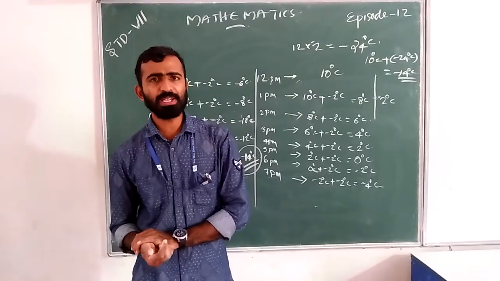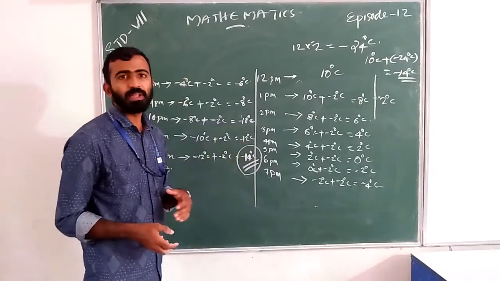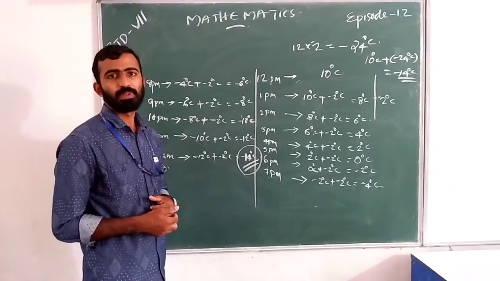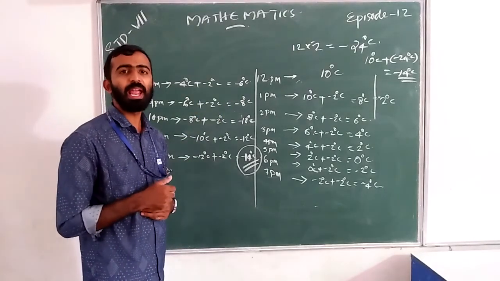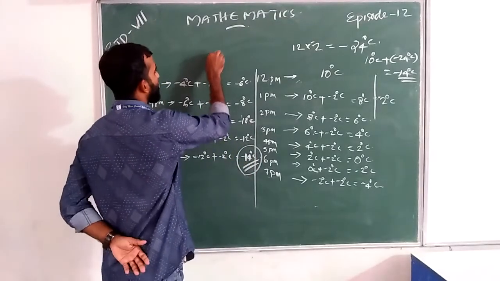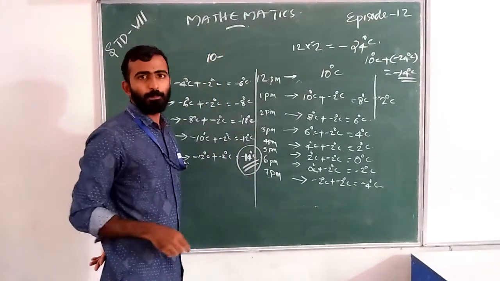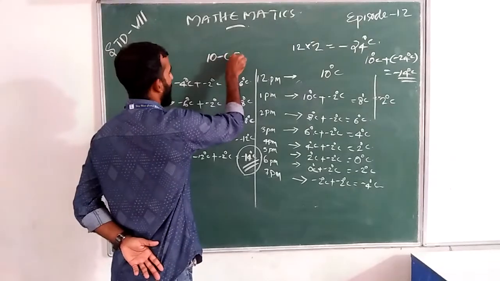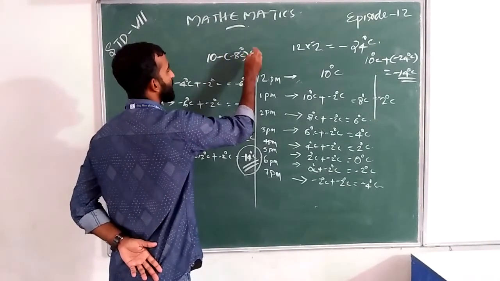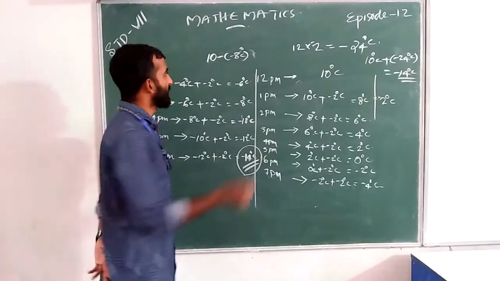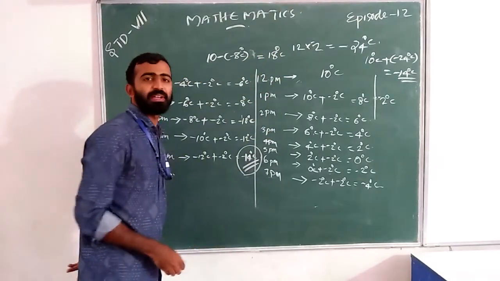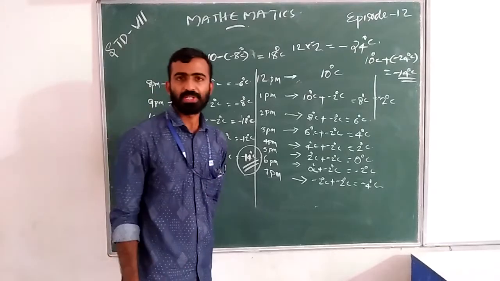We can also find the time when it is 8 degrees below 0 degrees Celsius. We can find 10 minus negative 8 degrees Celsius, which gives 18 degrees Celsius.